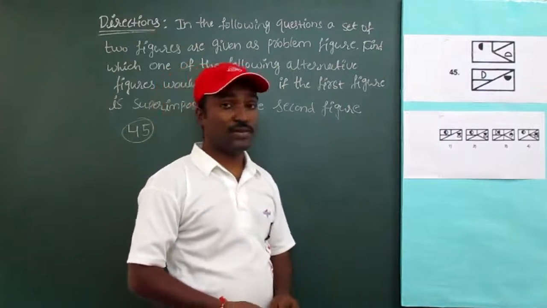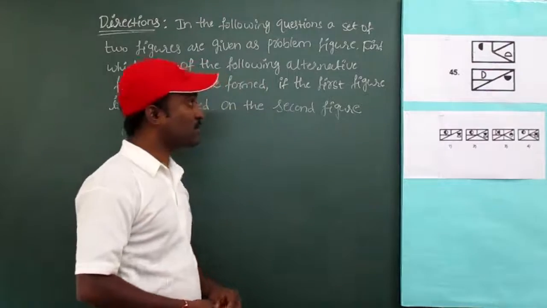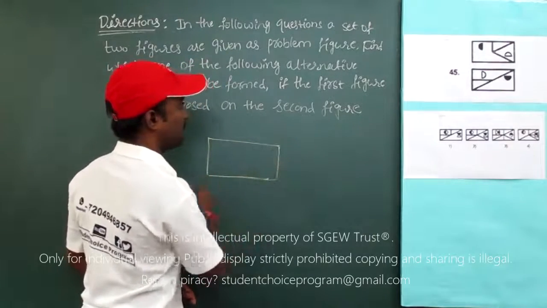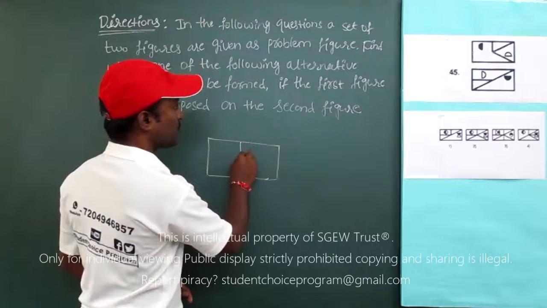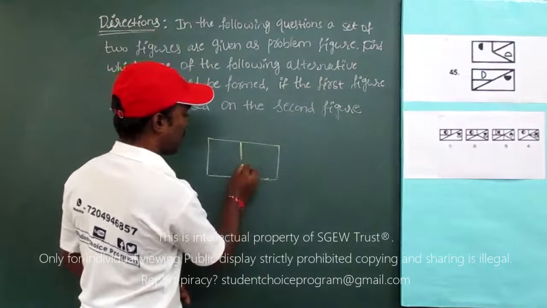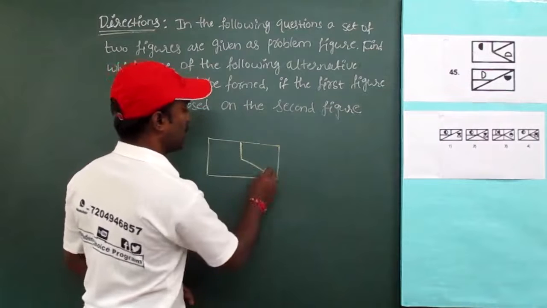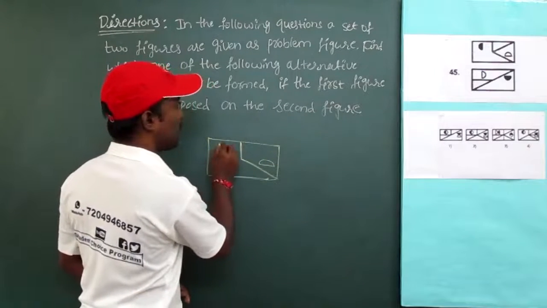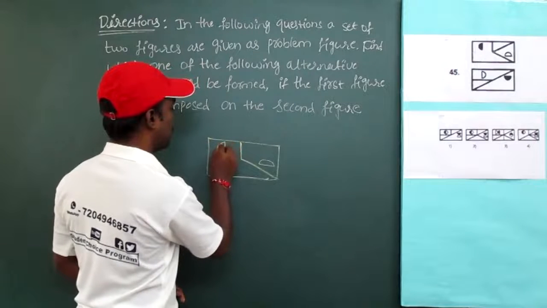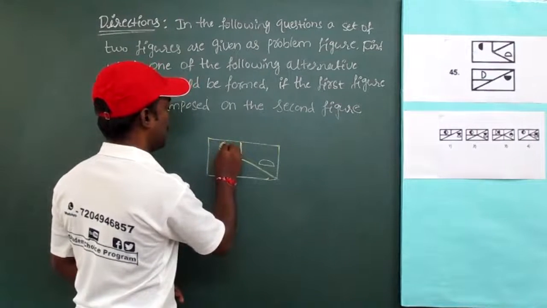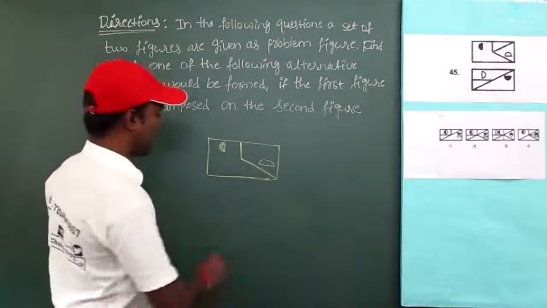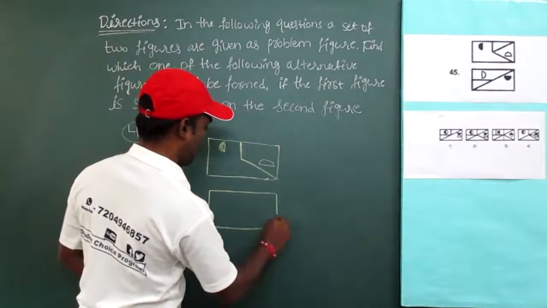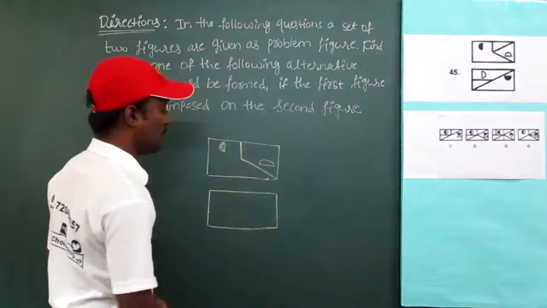So the superimposed figure will appear like this. Here is the first given figure I will take. I am having a semicircle here and one more semicircle which is dark. And the second figure is like this.